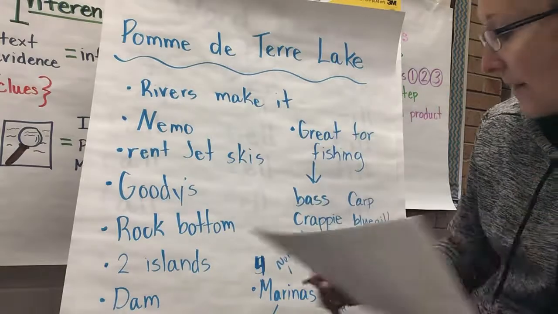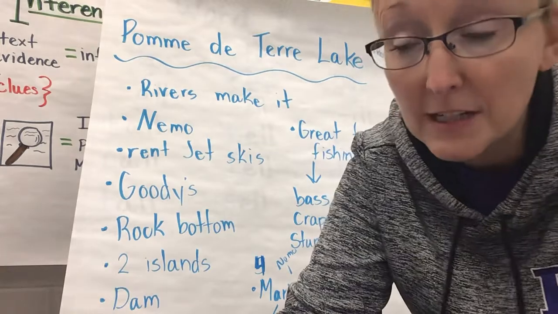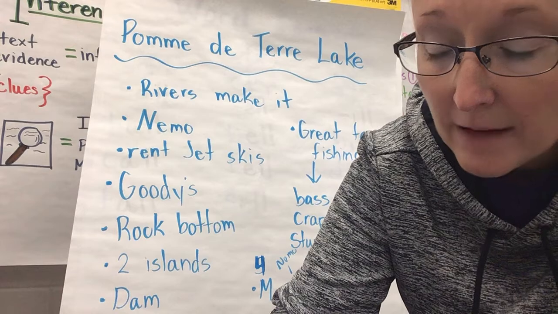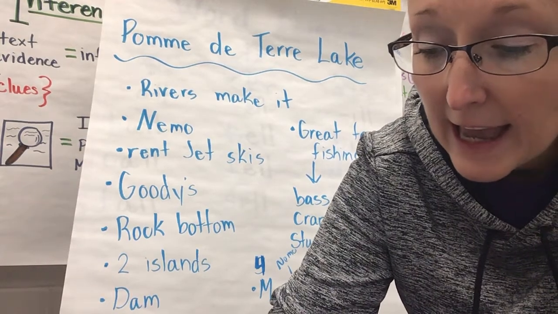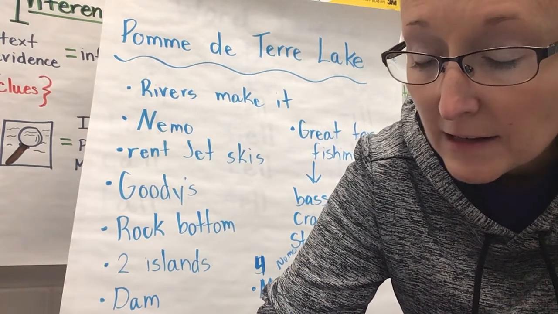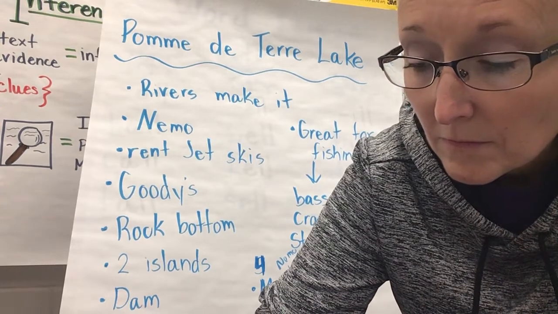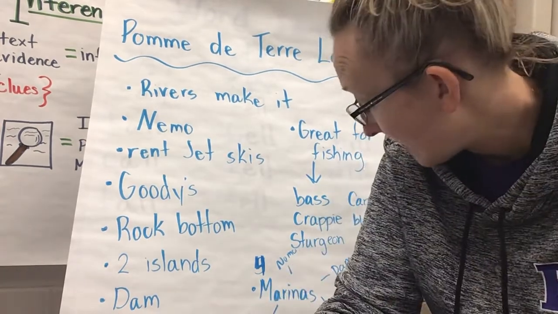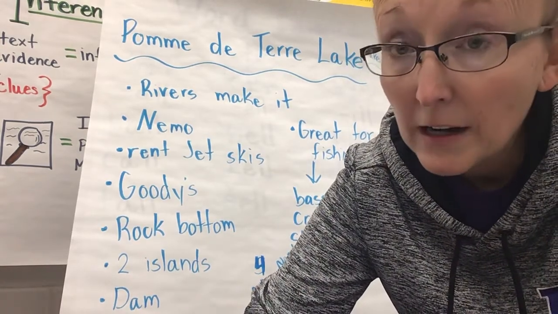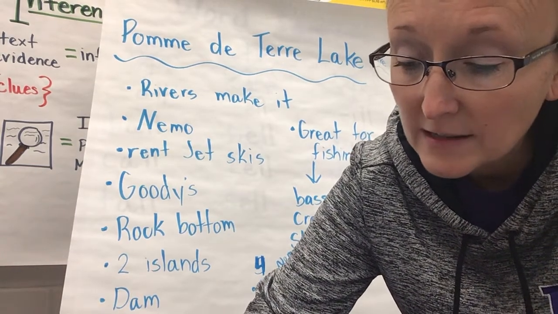All right, so now I'm gonna go back to mine, and I'm gonna list some of the marinas at Pomme de Terre and what I know about them. So, let's see, I'm gonna say Highway 88 Marina has a restaurant. Okay, and then I'm going to say Nemo Marina rents jet skis.